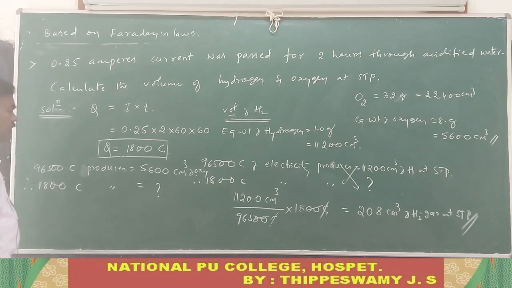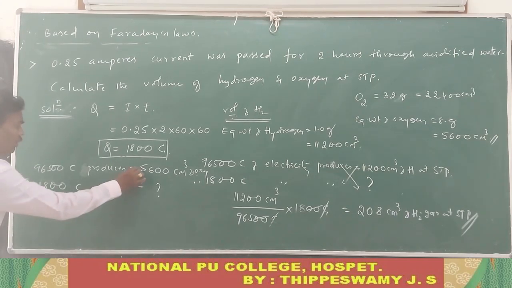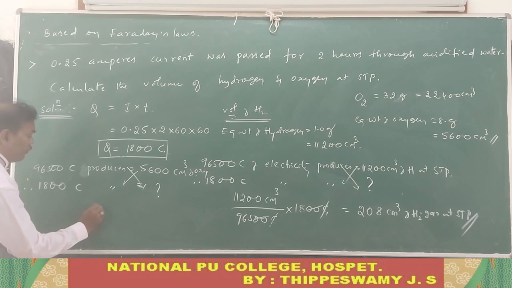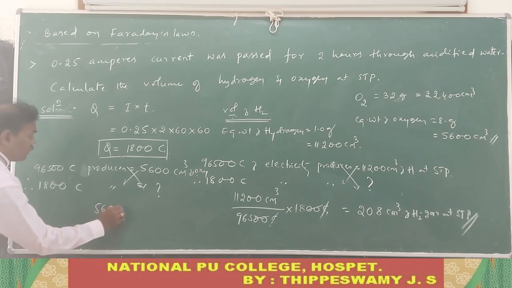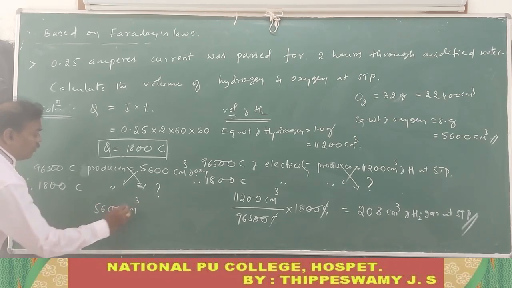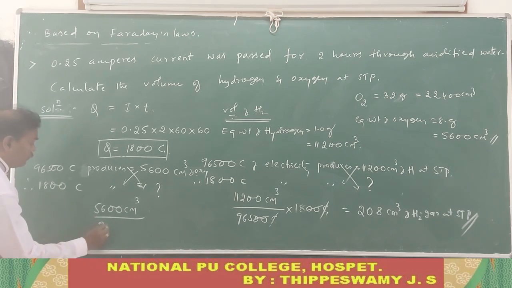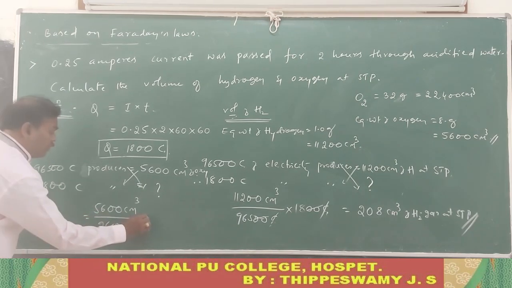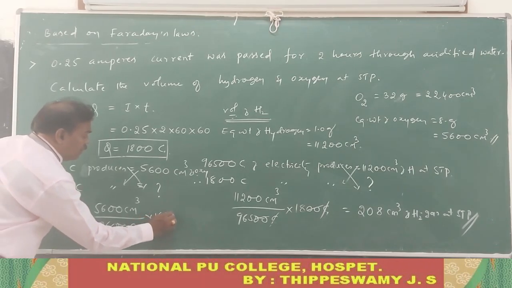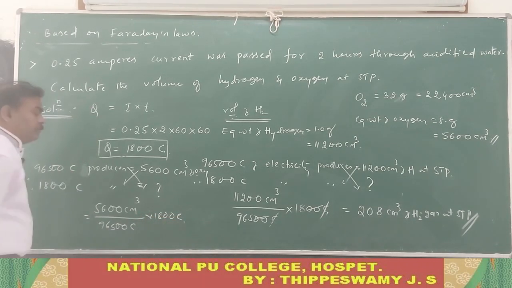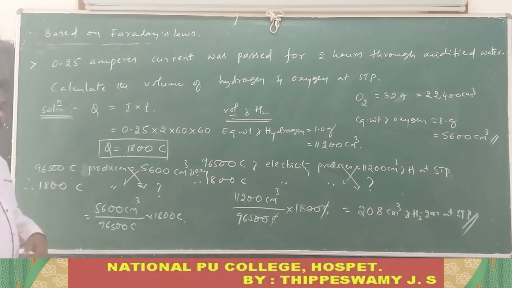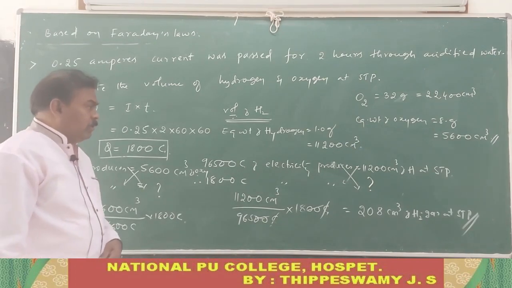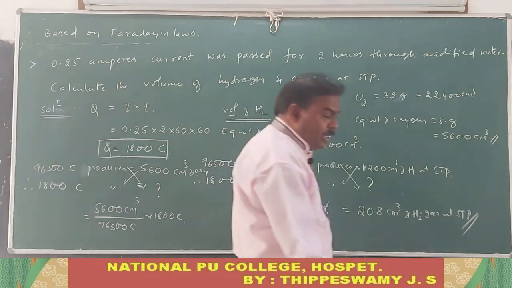Now you tell me, on cross multiplication we get 5600 cm cube divided by 96,500 coulomb into 1800 coulomb. Can you tell me the final answer?